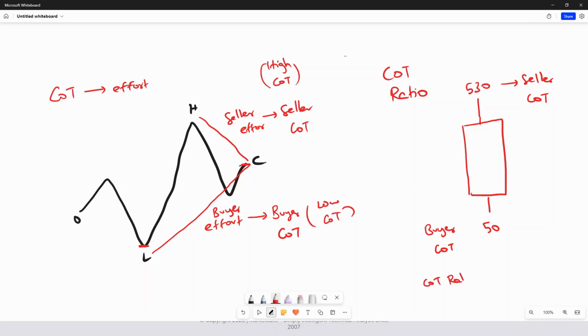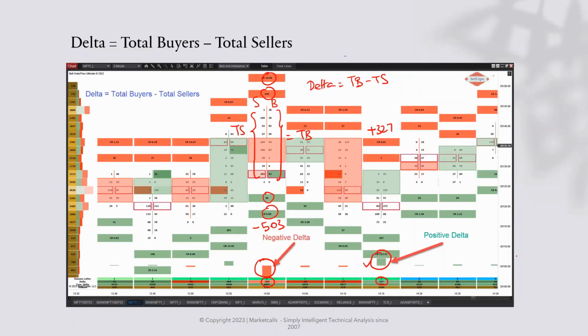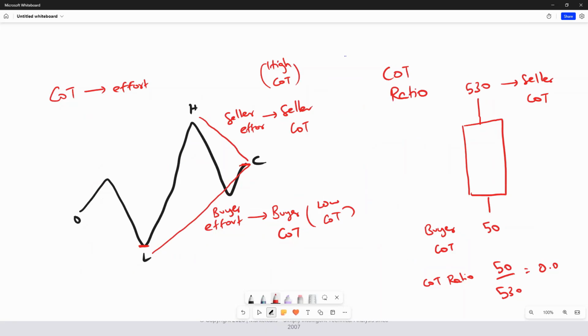This COT ratio is nothing but buyer COT divided by seller COT, 50 divided by 530, which approximately comes to 0.09. I'm getting a ratio of 0.09.